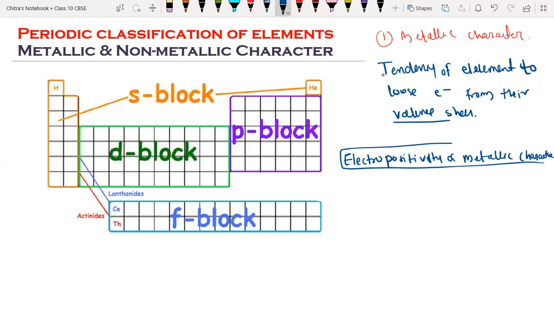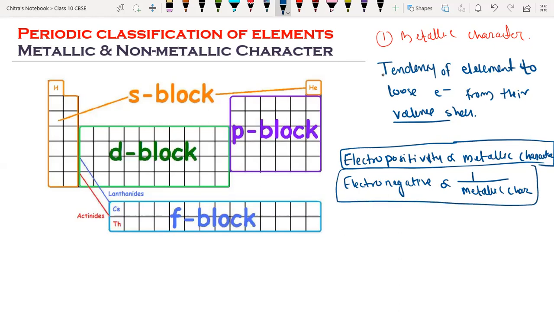And one more thing for electronegativity. Electronegativity is inversely proportional to metallic character, and, this is the second part, electronegativity is directly proportional to non-metallic character.